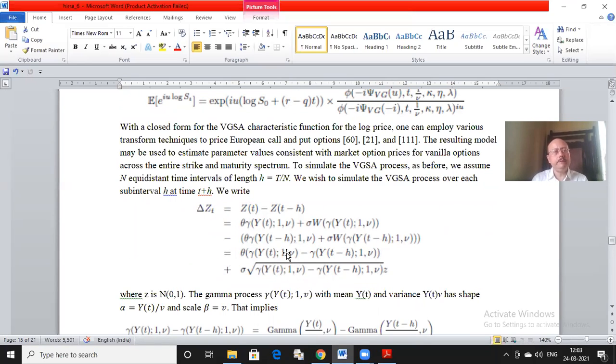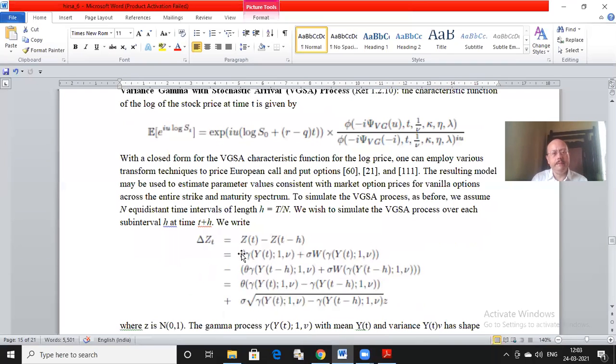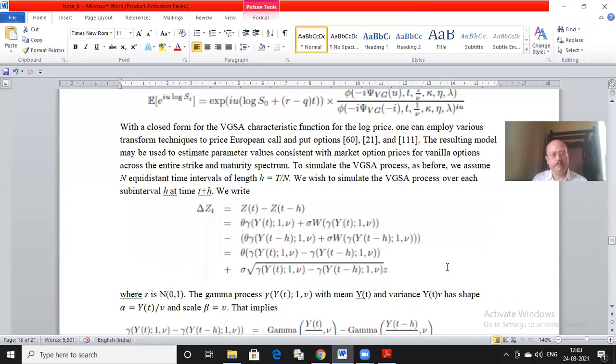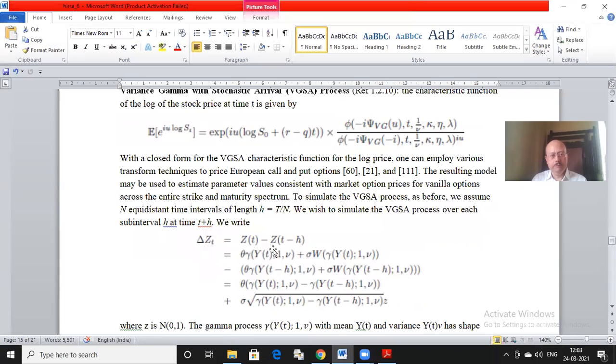So how do we do this? We write delta z_t, so this is slightly complicated. We write delta z_t equal to z_t minus z_{t-h}, so use the backward difference. z_t is given by the usual variance gamma expression with the stochastic arrival y_t put in instead of t.